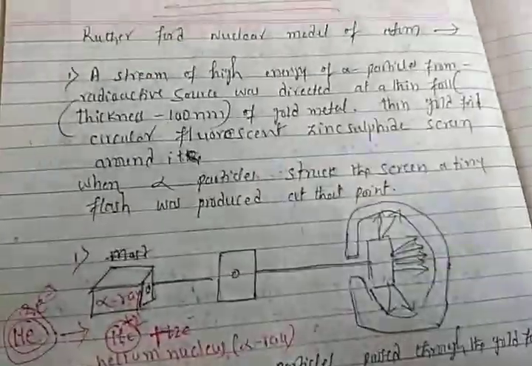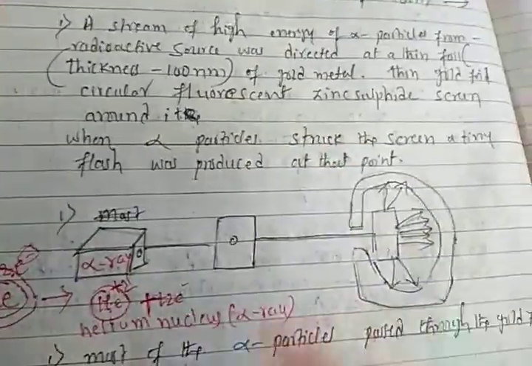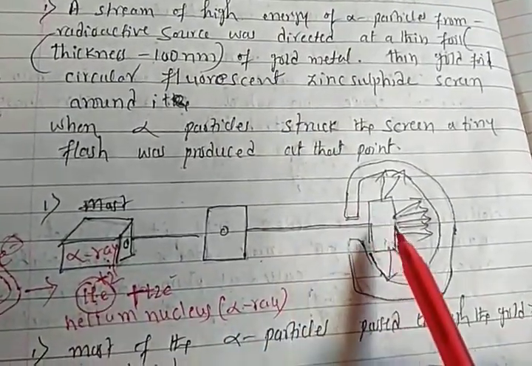Students, in the experiment the alpha rays are passed onto the thin gold foil.